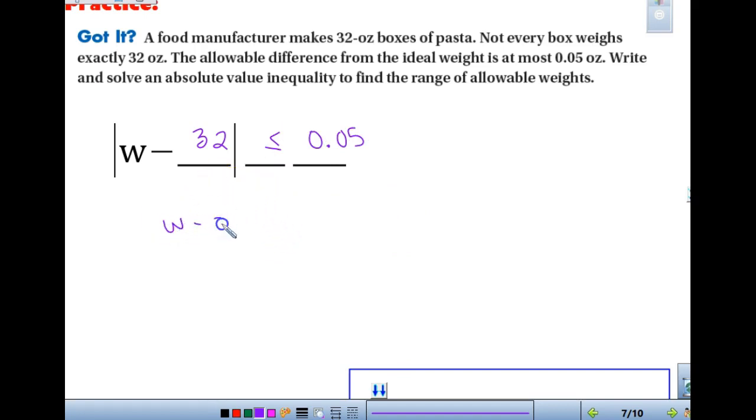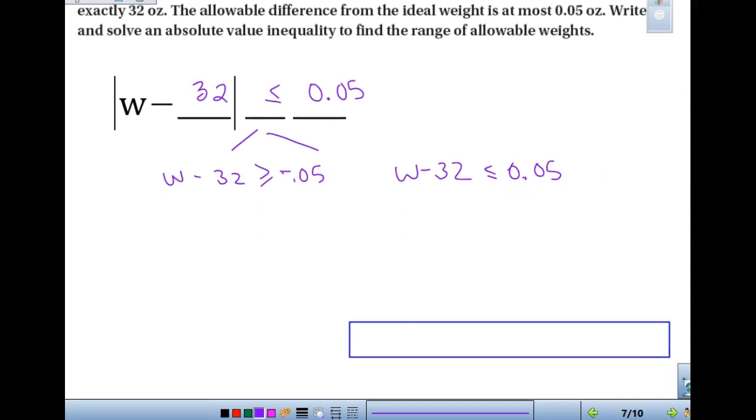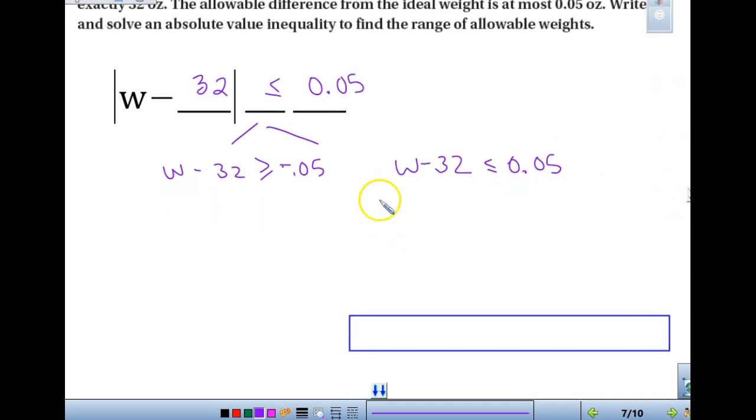So as we solve, W minus 32 is less than or equal to, if we're going to do the opposite, right? So we have to do our split. It's greater than or equal to -0.05. The other one is W minus 32 less than or equal to 0.05, keeping it exactly the same, right? You're adding 32. What should it be in between?